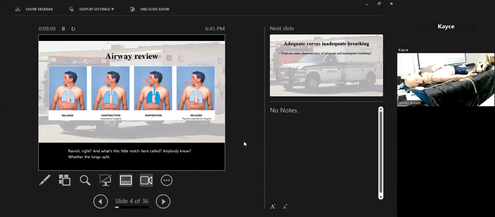So it doesn't seem like it's very important, right? It's a little split, right? It's called the carina. And it's been on just about every test I've ever taken for the National Registry. Now, National Registry has changed up their stuff a little bit, so it might not be there. Just know that where the two branches of the lung split off, it's called the carina.